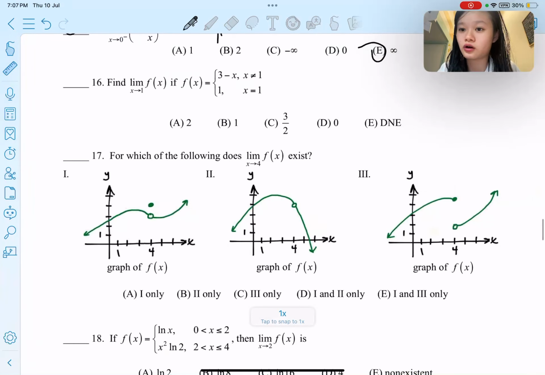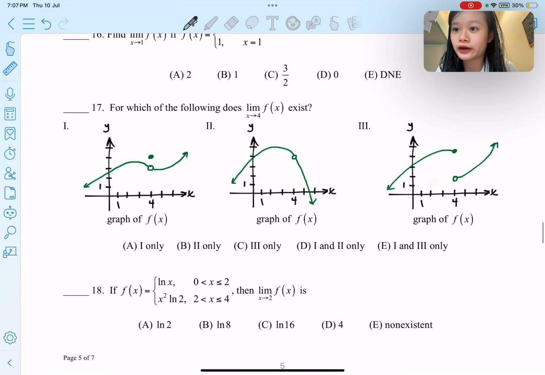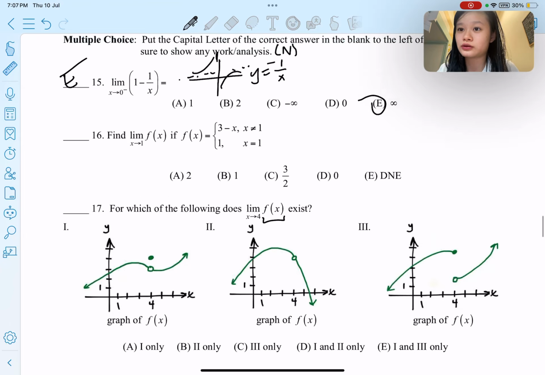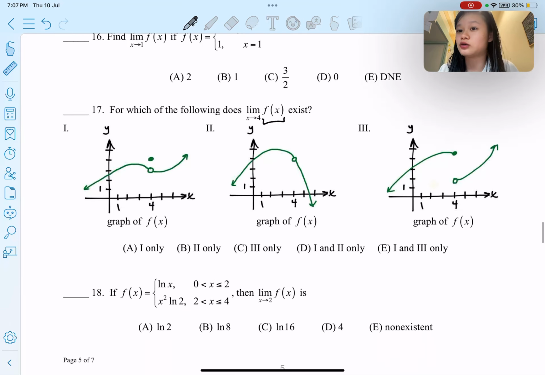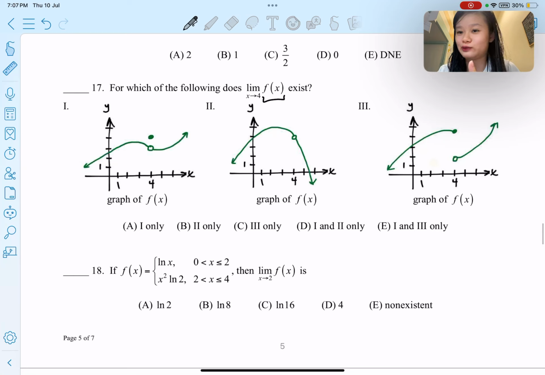Okay, question 17, because we're doing odd. Which of the following does the limit as x approaches 4 of f of x exist? Remember to write this, and the working is very important as well, so I'm going to do that from now on. Don't be mad at me. At first glance, this works and this doesn't.